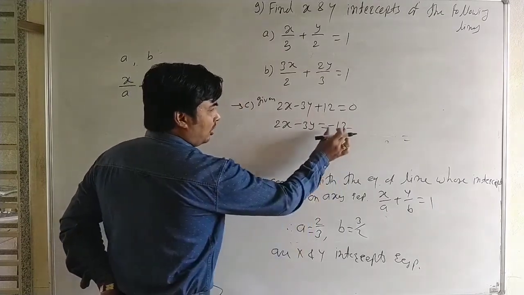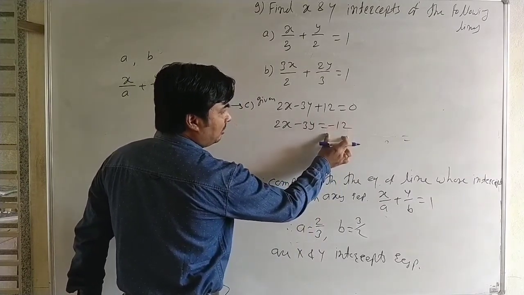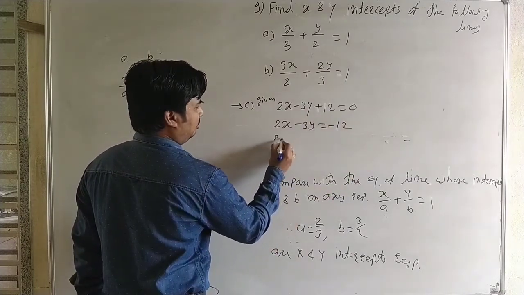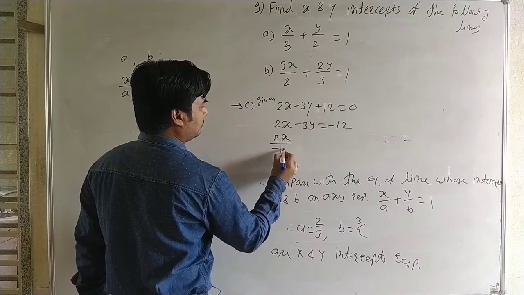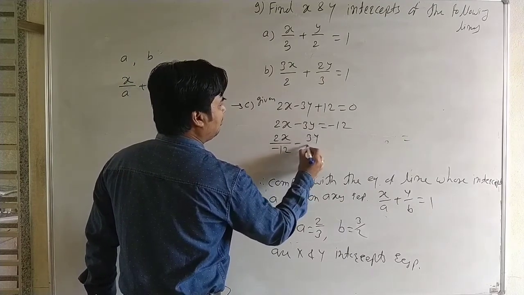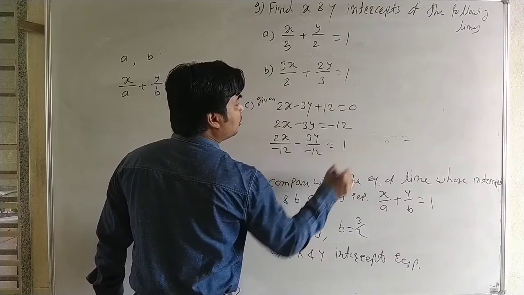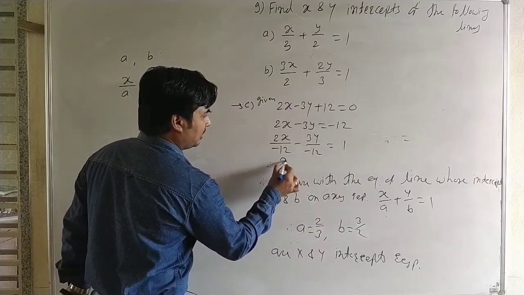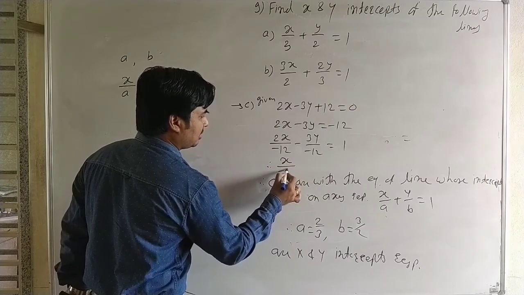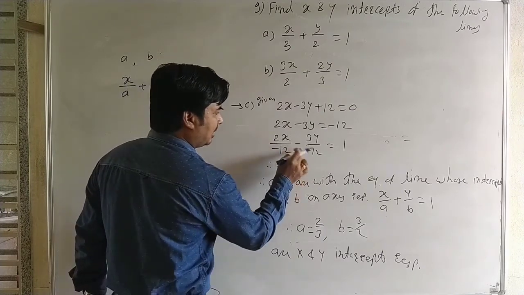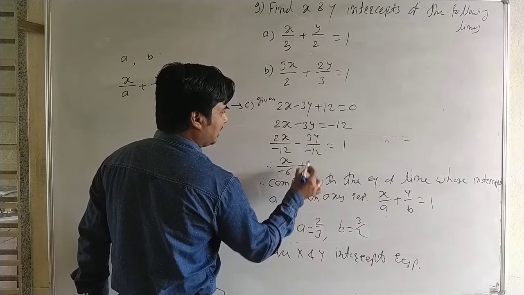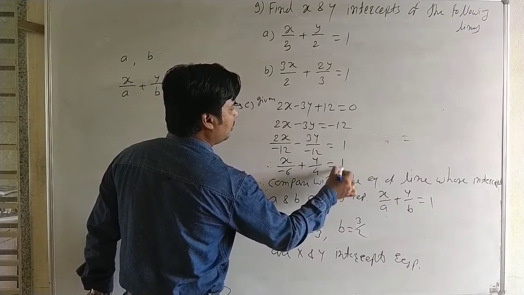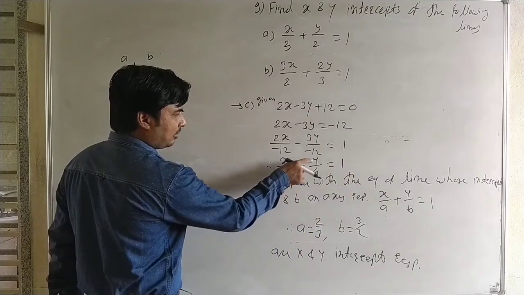Now we want minus 12 replaced by 1, therefore divide throughout by minus 12. Therefore 2x upon minus 12 minus 3y upon minus 12 is equal to 1. Now this becomes x upon minus 6 and minus minus is plus, y upon 4 is equal to 1.